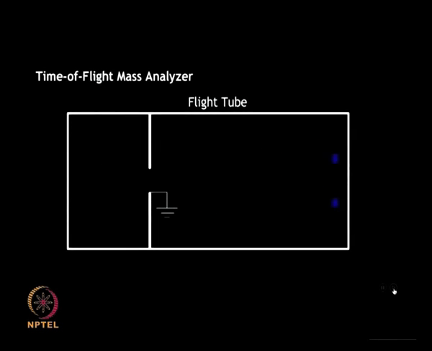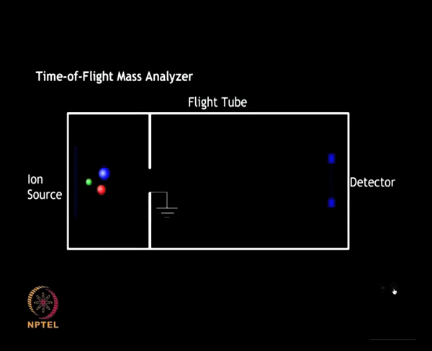The time of flight analyzer resolves ions produced by the ionization source on the basis of their mass to charge ratio. The time of flight tube can be operated in the linear mode or the reflectron mode, which depends on the sample to be analyzed.